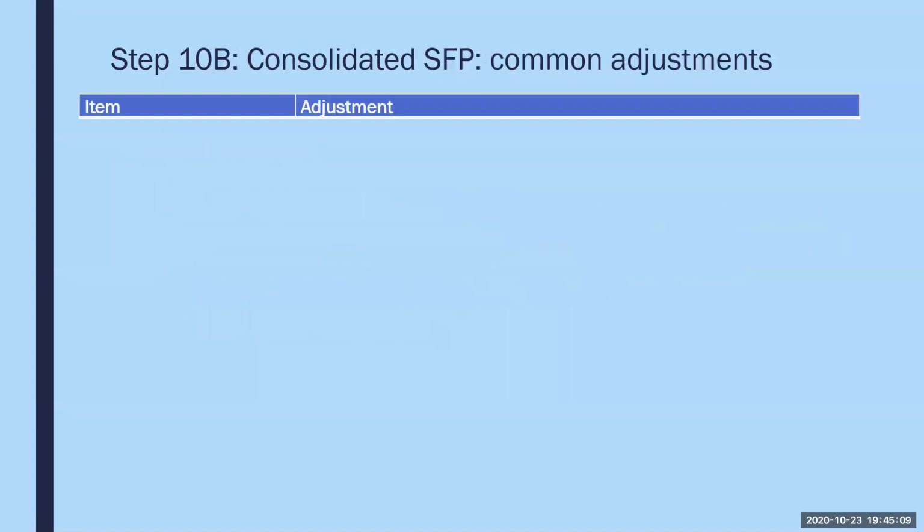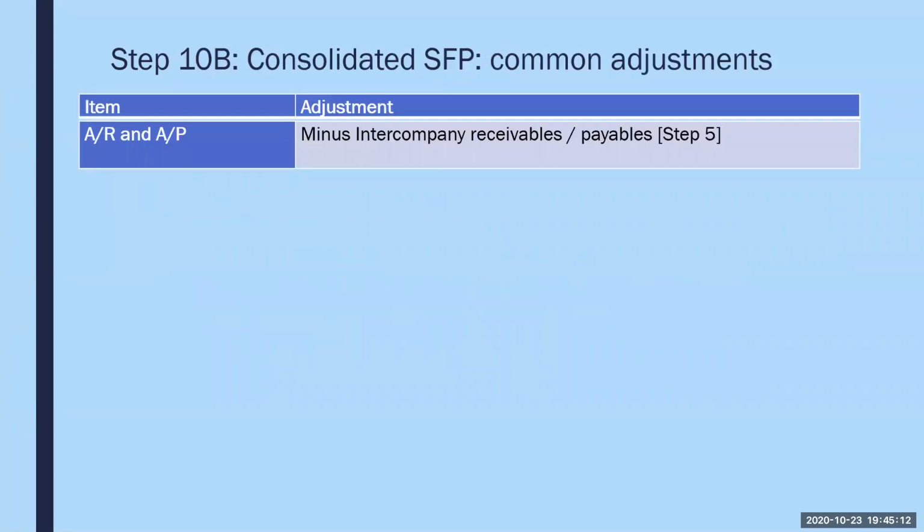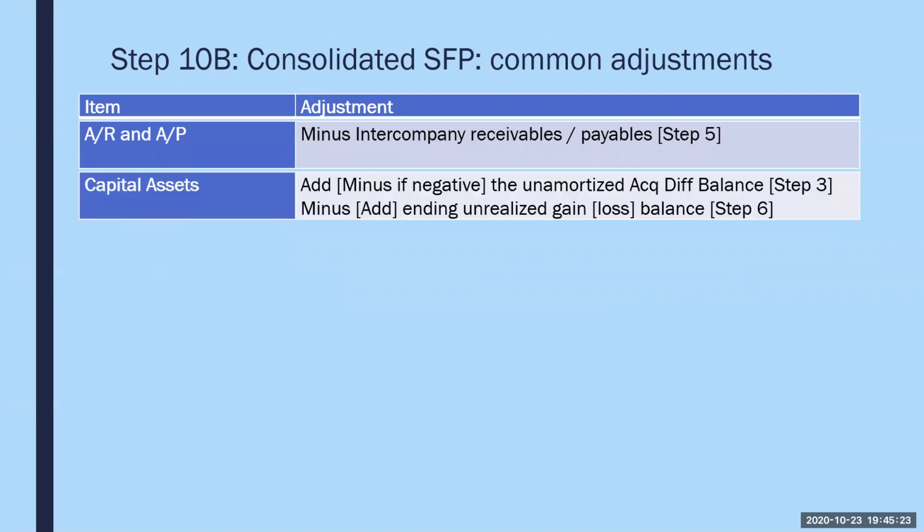The common adjustments included here relate to the accounts receivable and accounts payable. These are eliminated. The amounts identified in step 5 are eliminated on the consolidated balance sheet. Capital assets, so building, equipment, land, etc. If there are unamortized acquisition differential balances from step 3, a debit amount will be added, a credit amount will be subtracted.